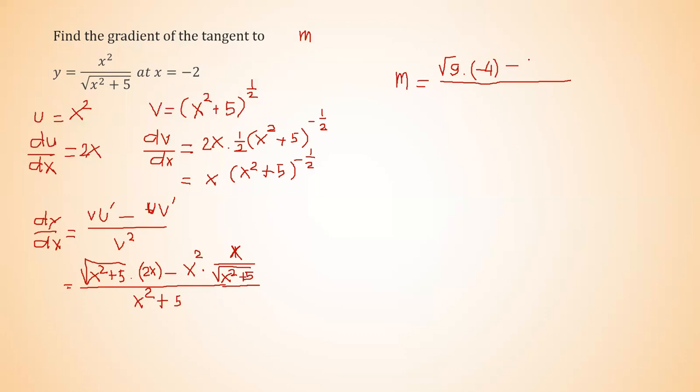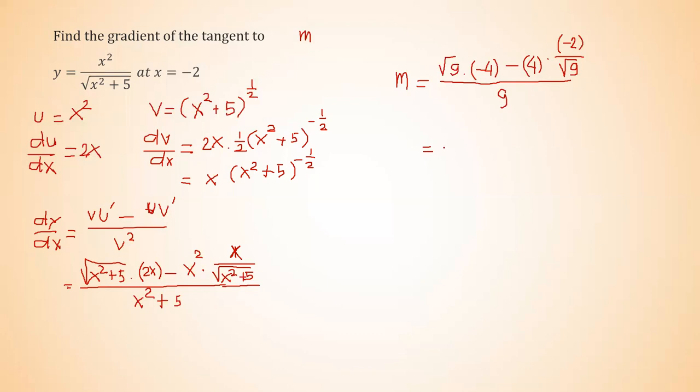And this one minus 4 times negative 2 over square root 9, over 9 here.